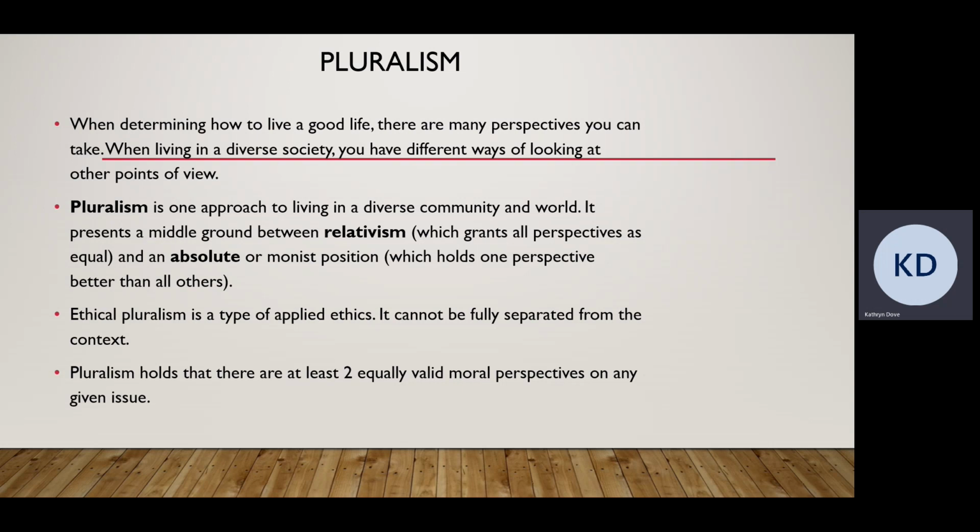So pluralism says that there may be at least 2 equally valid moral perspectives on any given issue. For example, let's assume Susie has cancer and she's trying to determine whether or not she should get chemotherapy. One person could be morally correct in saying she should not get chemotherapy, and another person could be morally correct in saying that she should get chemotherapy. So there could be 2 equally valid moral perspectives on any given issue.